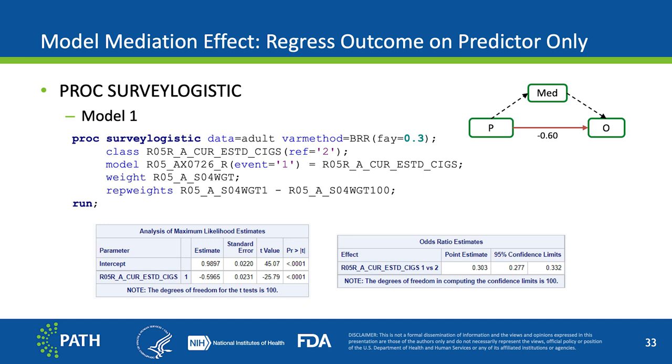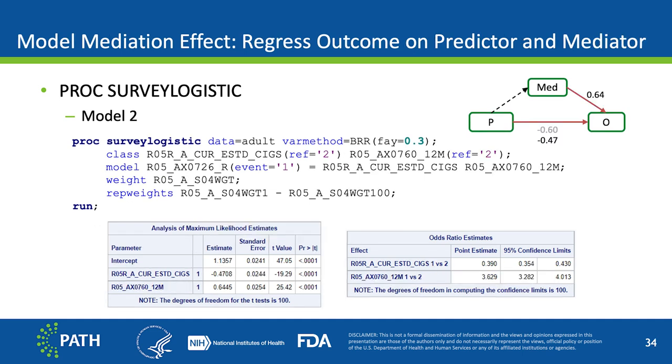Let's first look at the total effect coming from our predictor to our outcome with the survey logistic procedure. In this first model, we specify our outcome and the predictor alone. The estimation shows us the predictor has the significant association with the outcome, and that association is negative 0.60.